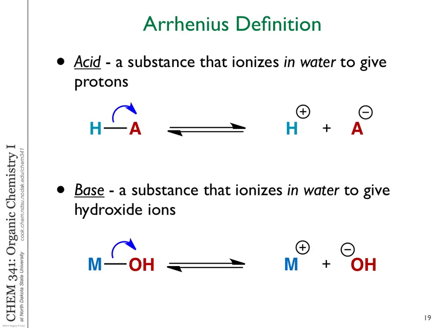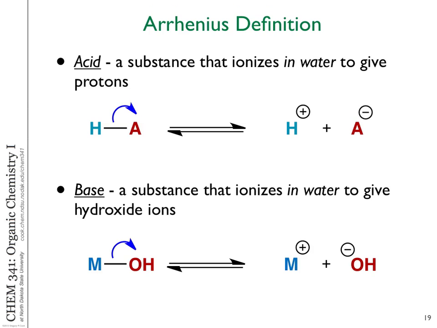Arrhenius first described an acid as a substance which ionizes, so you have a heterolytic bond cleavage, a substance which ionizes in water to give protons. And a base, the converse of that, is a substance that ionizes in water to give hydroxide ions.